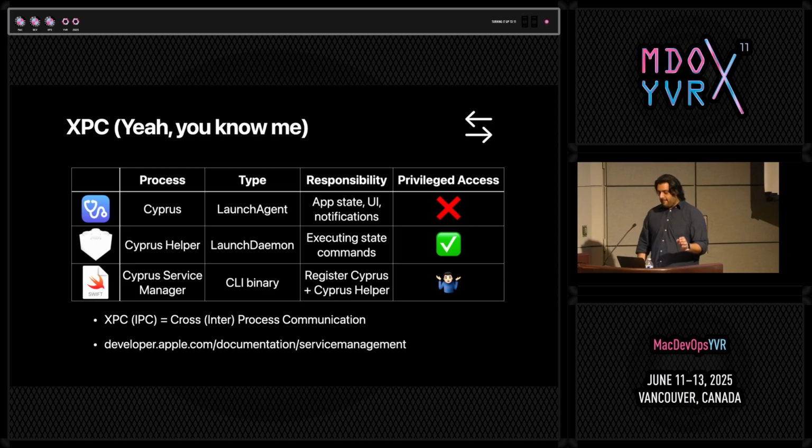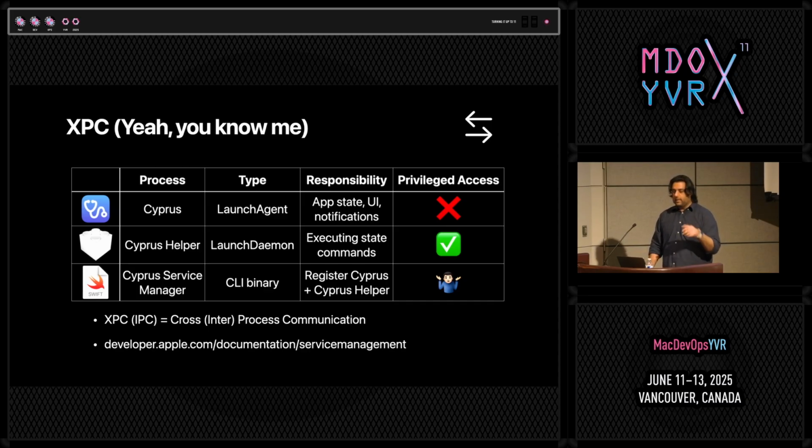For those of you that don't know XPC, it's an Apple technology built on top of IPC that allows communication between processes. So the Cypress process, which is configured as a launch agent, sends messages via XPC to the Cypress helper process. And the Cypress helper process, which is configured as a launch daemon, registers an XPC listener, and it waits for incoming XPC messages.